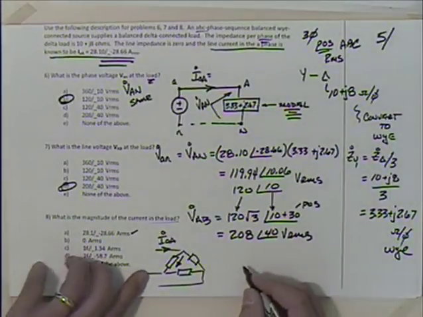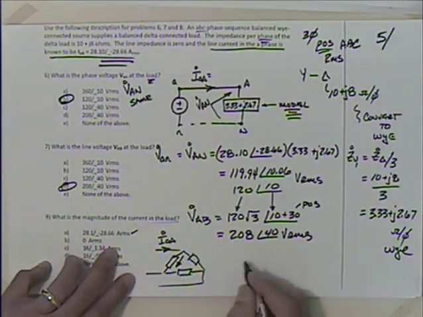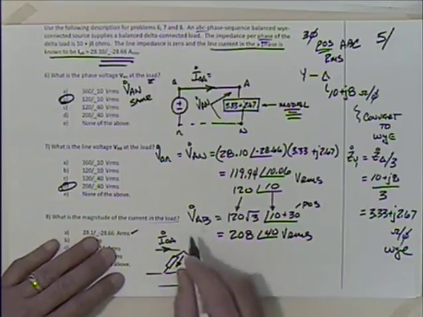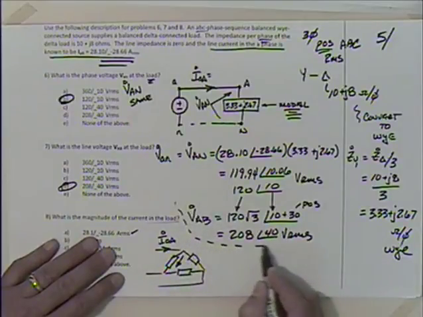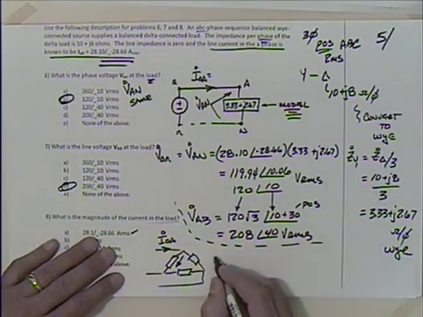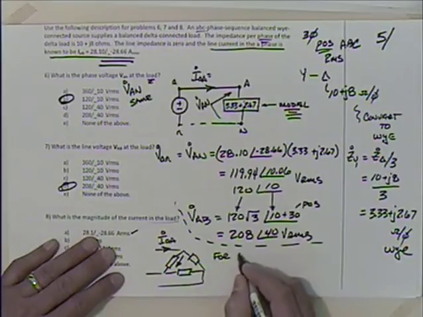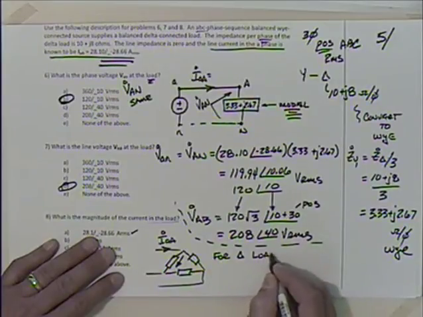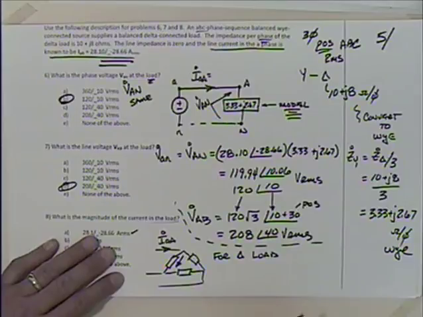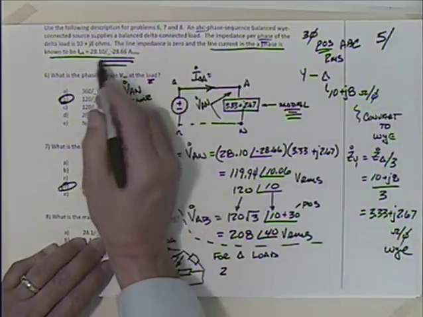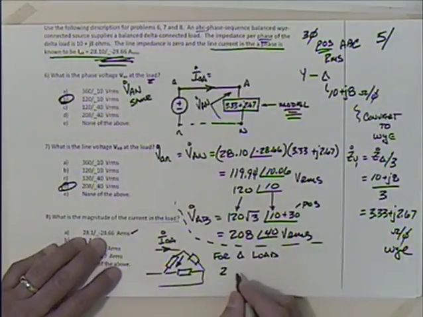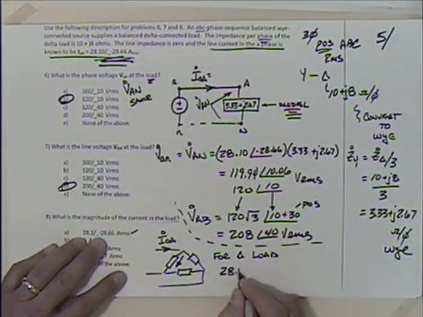So how do I get that? For the delta load, I could do this a couple of different ways. I could say that it was simply this value up here, 28.10.